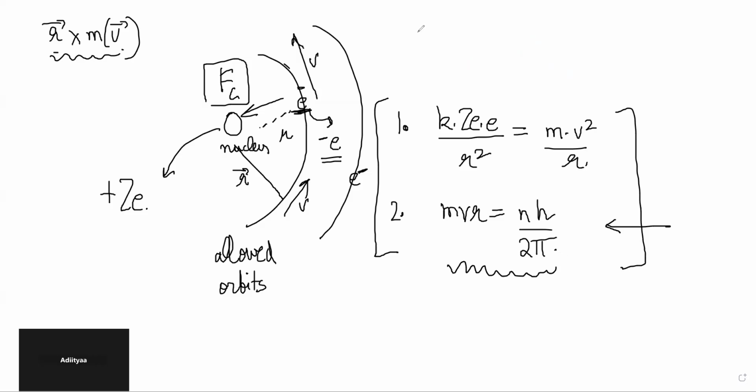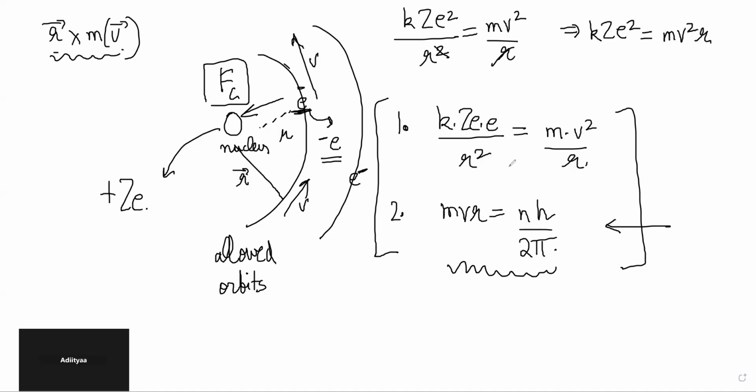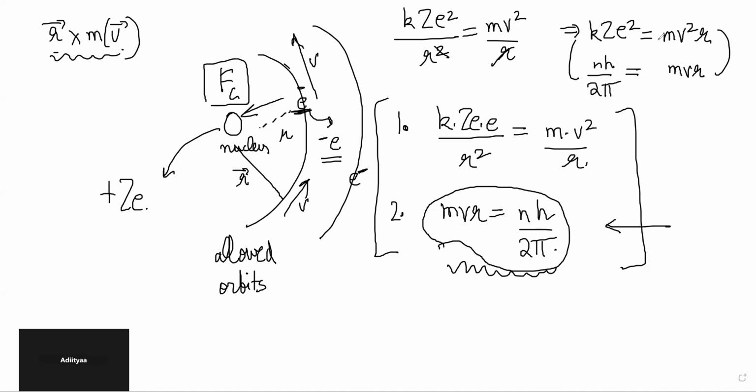Now notice this is kZe square by r square is equal to mv square by r. So we will cancel one radius here, and we get kZe square is equal to mv square r. And notice from the other equation you have mvr is nh by 2 pi. We can divide the two equations, and we will be left with v only.